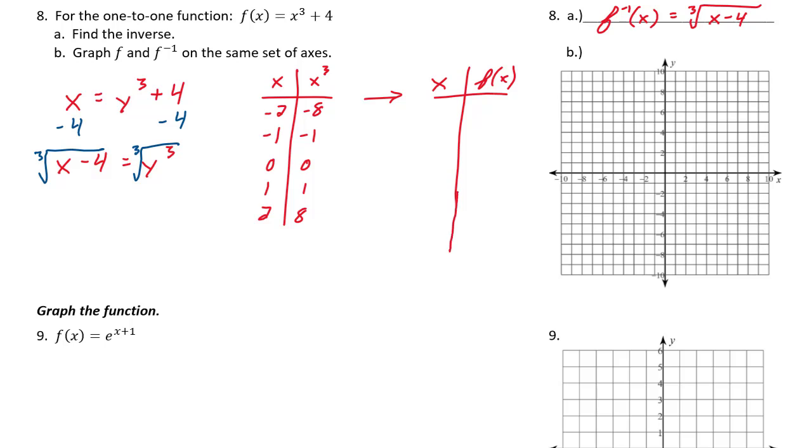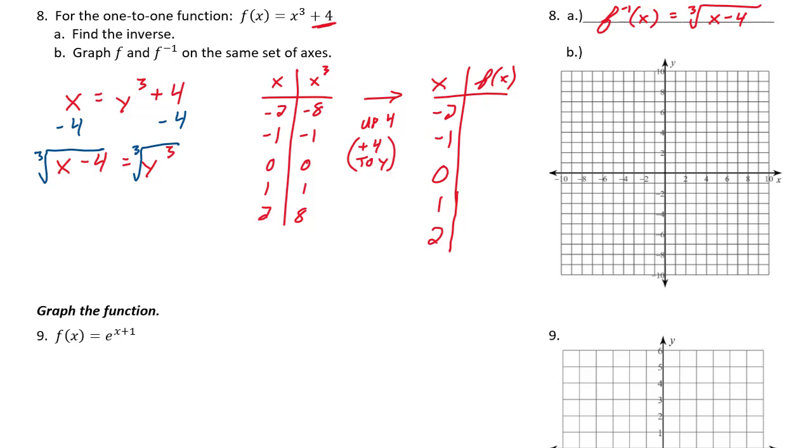And I need to think in terms of what this plus 4 is doing. Well, the plus 4 should be moving it up 4, which basically means add 4 to y. So that would be the interpretation if I needed to shift something up 4 places. So all of the x's are going to stay put, but all of my y's need to increase by 4.